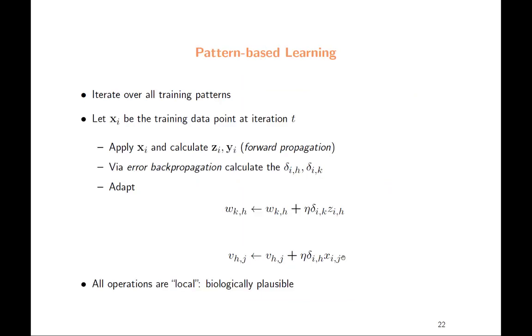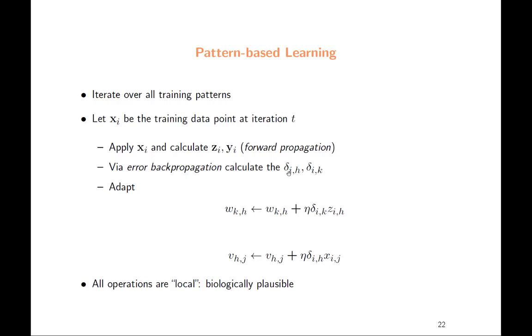So by pattern learning, we iterate over all training patterns. If x_i is the training data point at iteration t, we apply x_i and calculate z_i and y_i. So this is, I guess it should be the y_i hat. Correct this. And then you sort of see what kind of errors the prediction generates at the outputs.